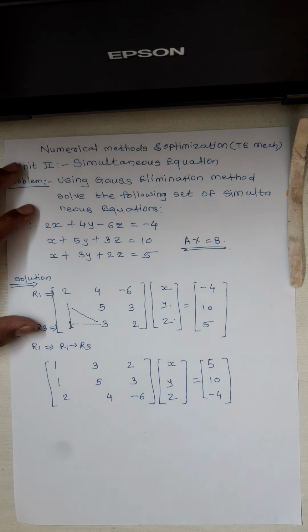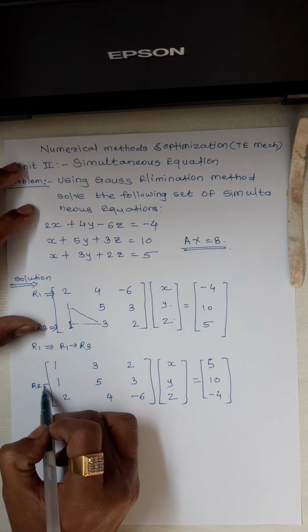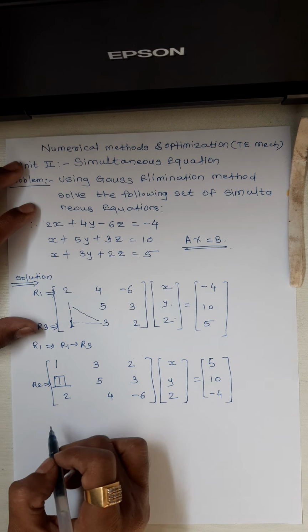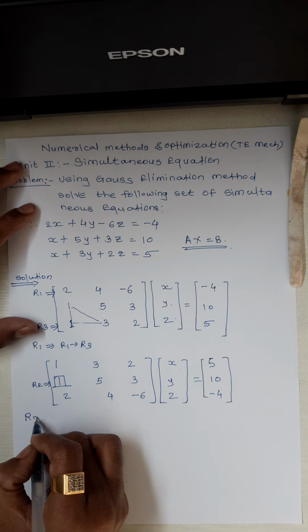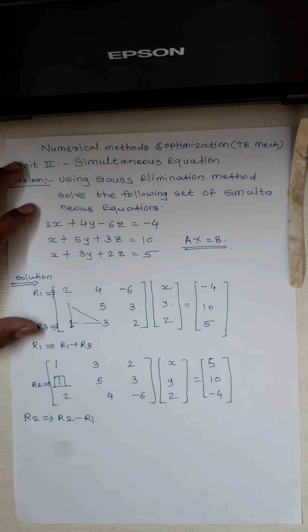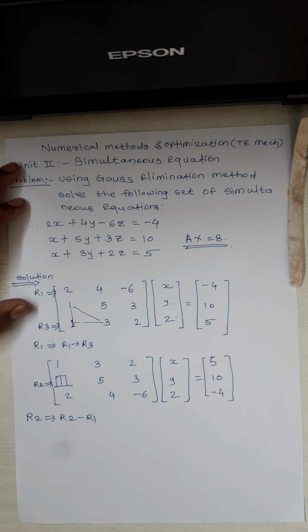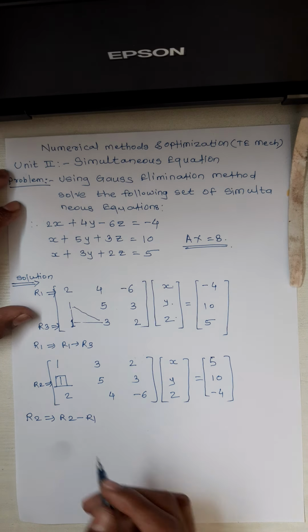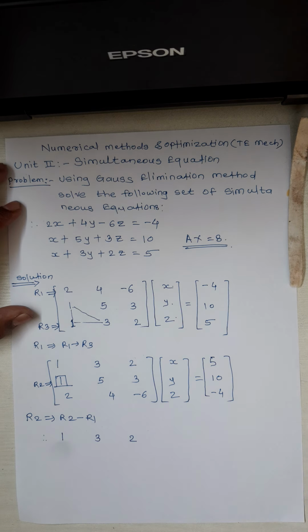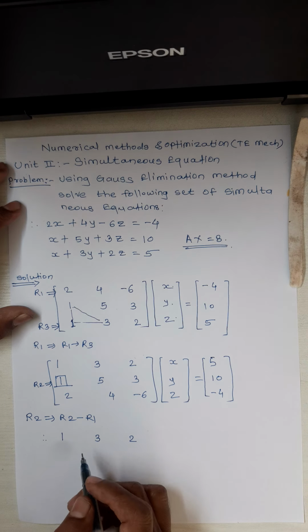Next step is we have to convert this element 1 into 0. How to convert this element 1 into 0? For row 2 we perform the operation R2 minus R1. Keep row 1 as it is, 1 3 2.